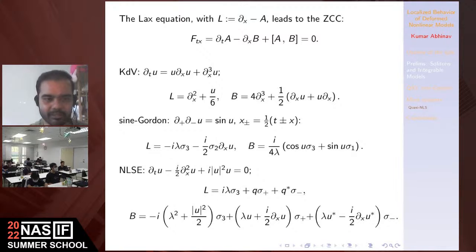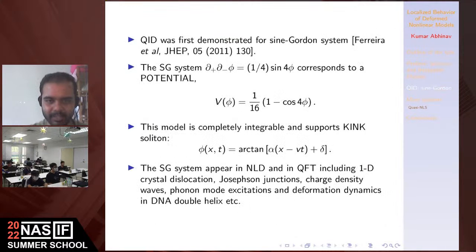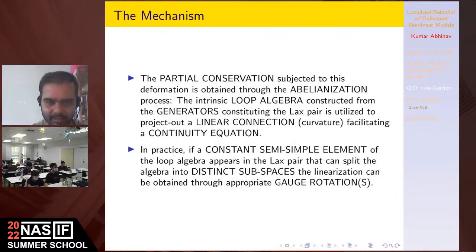If the commutator is present, this is called non-abelian because there is a non-trivial commutator. So we want to abelianize the system. That means we want to make this commutator disappear. So that is called abelianization. So that abelianization procedure is used.